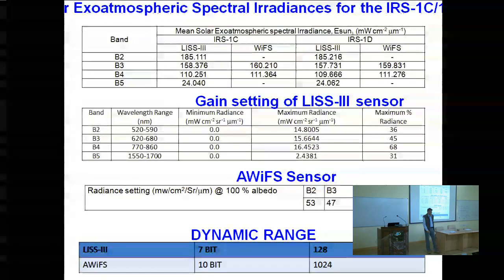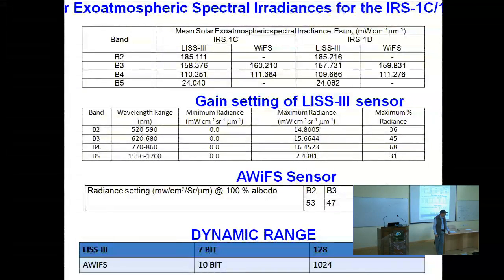If you want to study vegetation, dynamic range and saturation limit matter. Because vegetation has less reflectance and snow has very high.